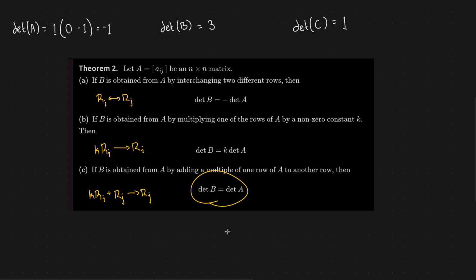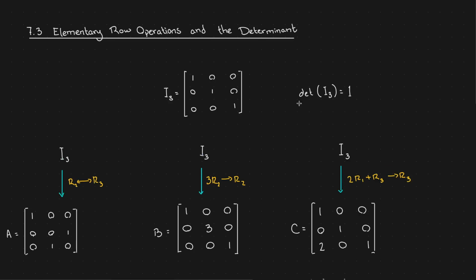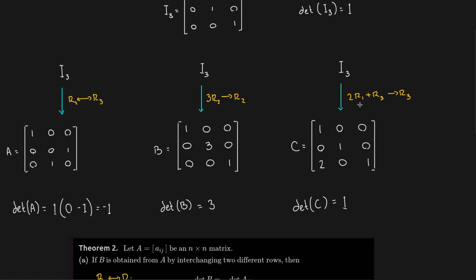The determinant of my new matrix and the determinant of my old matrix are exactly the same. And that's what we saw here. The determinant of the original identity matrix was 1. I took twice row 1 and added it to row 3. That was my new row 3. The determinant of the resulting matrix did not change at all.